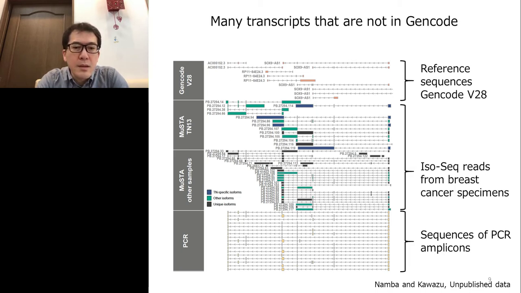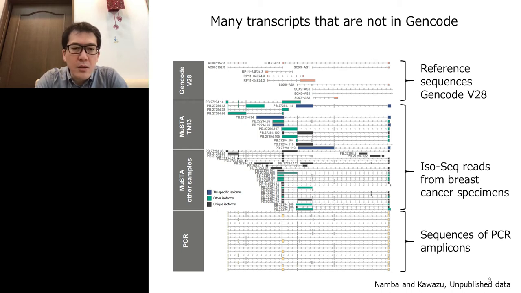And as you can see in the middle, we detected various isoforms that span the SOX9-AS1 locus and the neighboring AC005152 genes.